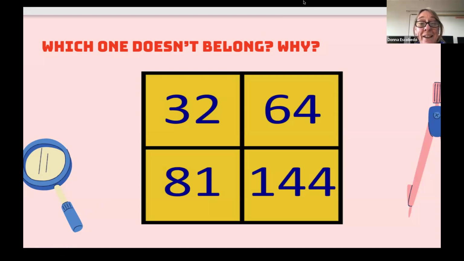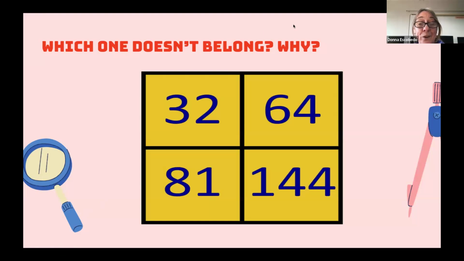Nice. And I had all of those going into it. I thought, okay, we've been working with exponents and some square roots, and when I put this up I thought, oh, maybe some little review. And I got something totally different. They threw out, what did they throw out first? 81. And I was like, well, why 81?